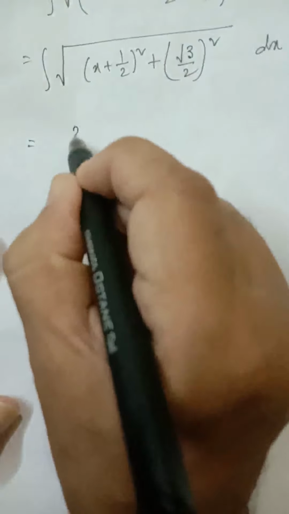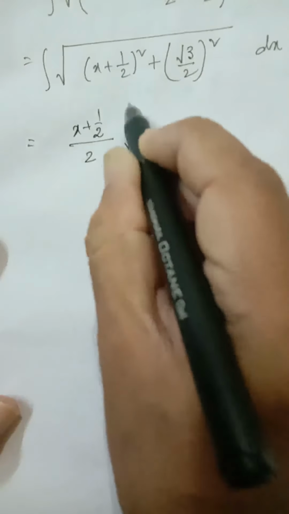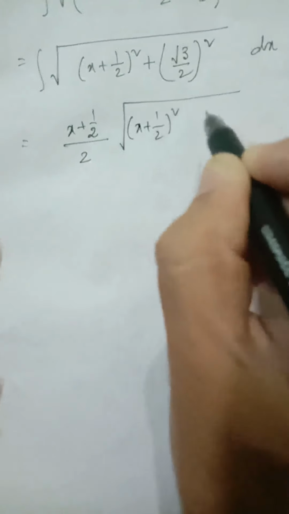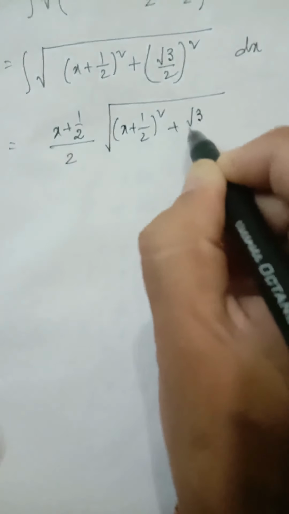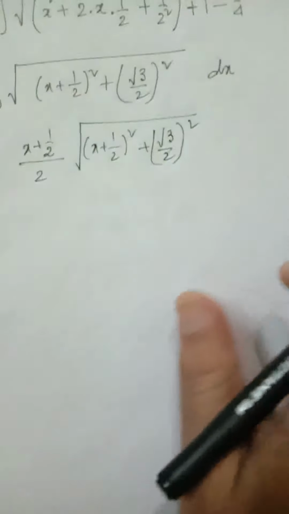So it will be x by 2 root over x square plus a square, plus a square by 2.